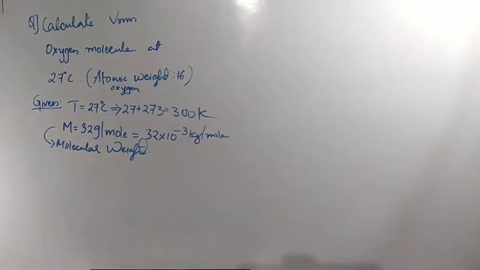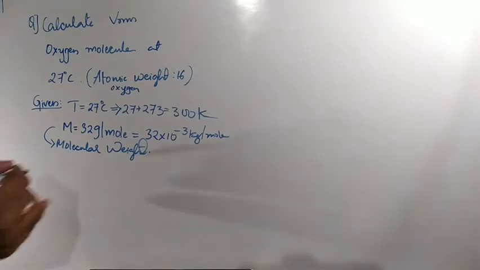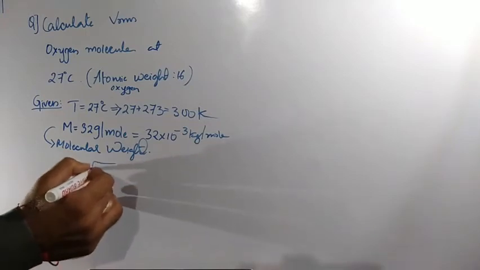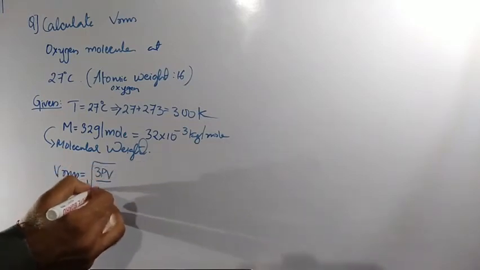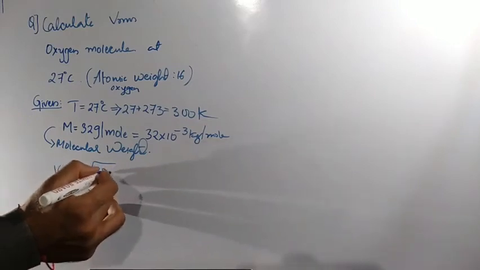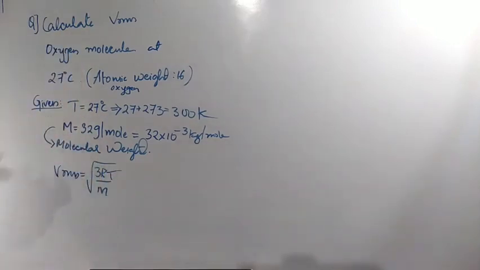What is the formula for VRMS now? Formula for VRMS is nothing but what? Just now I had told you, that is nothing but root of 3PV by M, or we can write it as root of 3RT divided by M, because here the pressure value is not given to you.